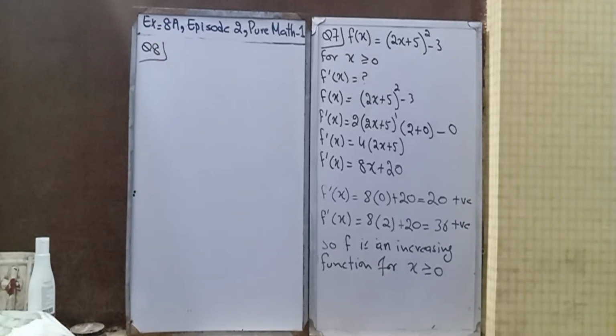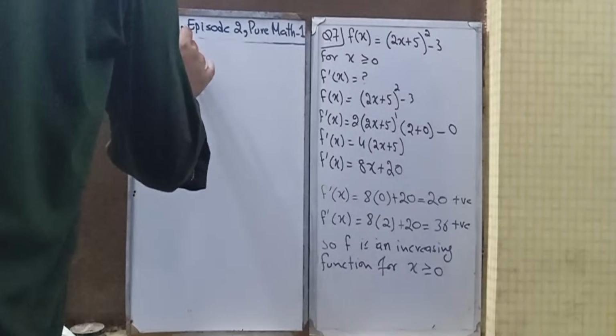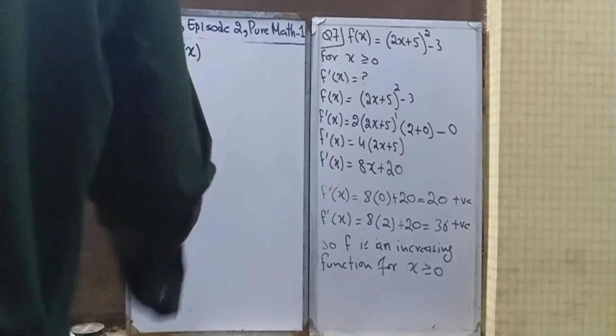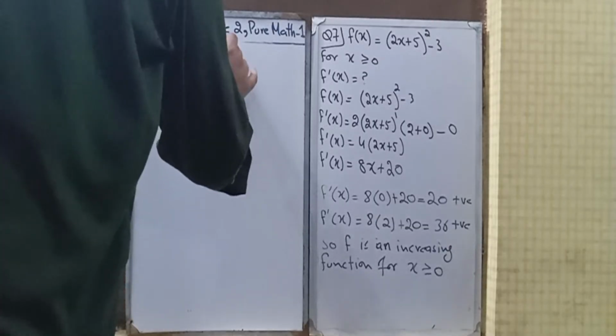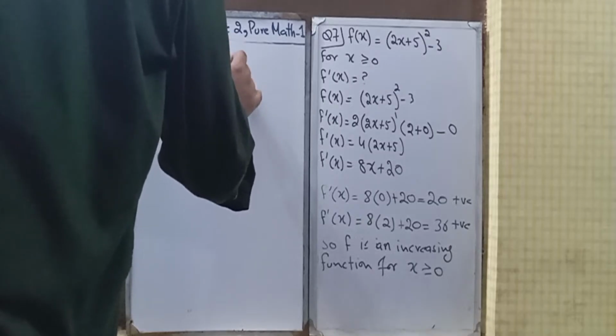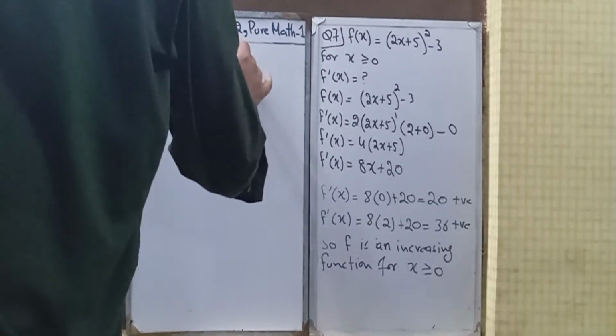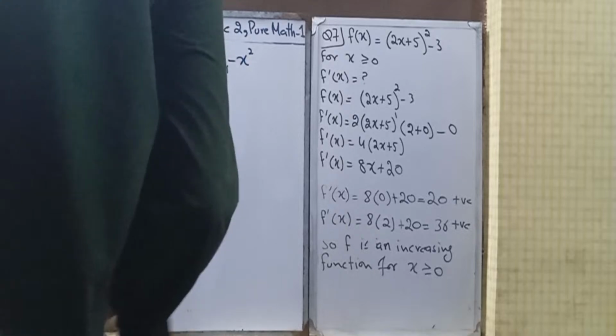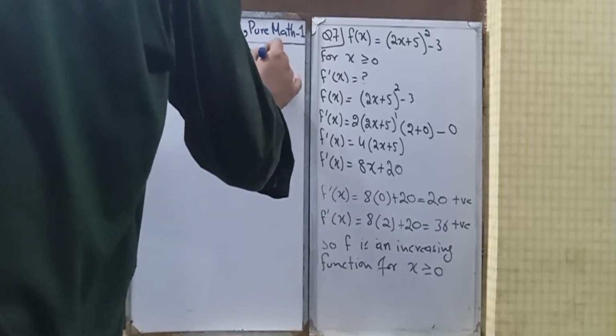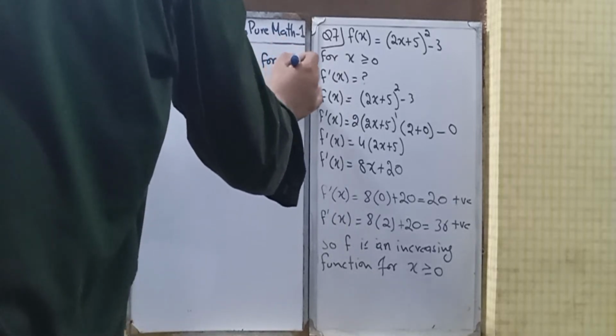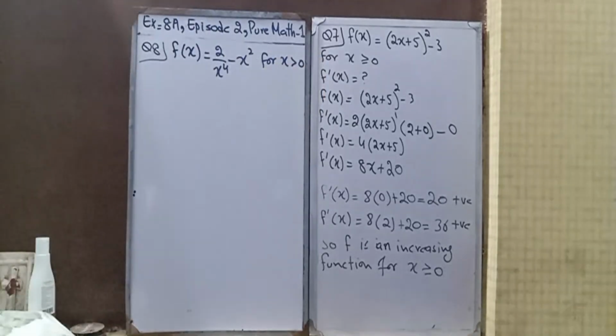In question number 8, it is given that f of x is equal to 2 divided by x raised to power 4 minus x squared, for x greater than 0.